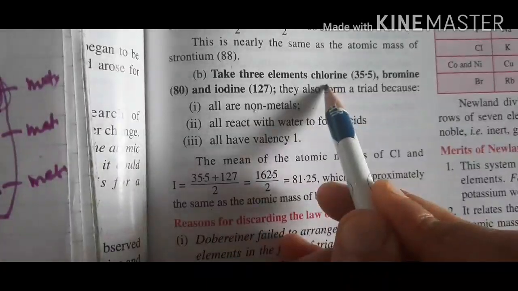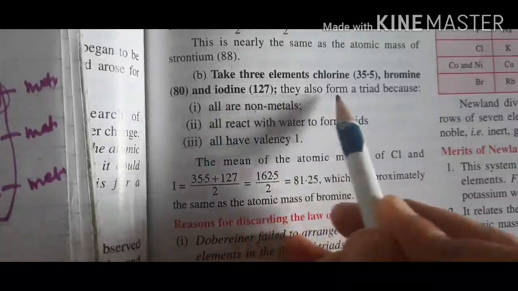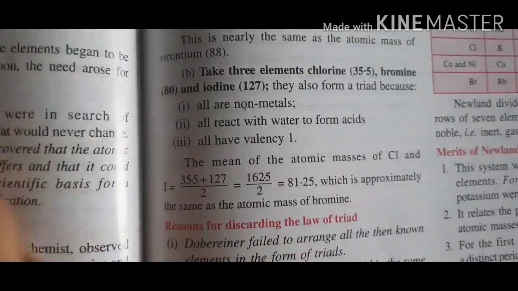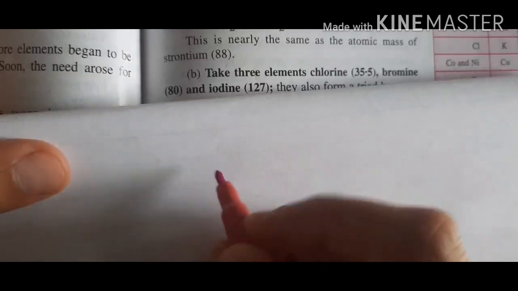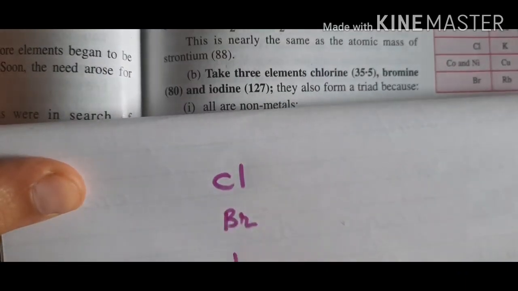Take three elements: chlorine 35.5, bromine 80, iodine 127. I am writing this here. First he took chlorine, bromine and iodine.